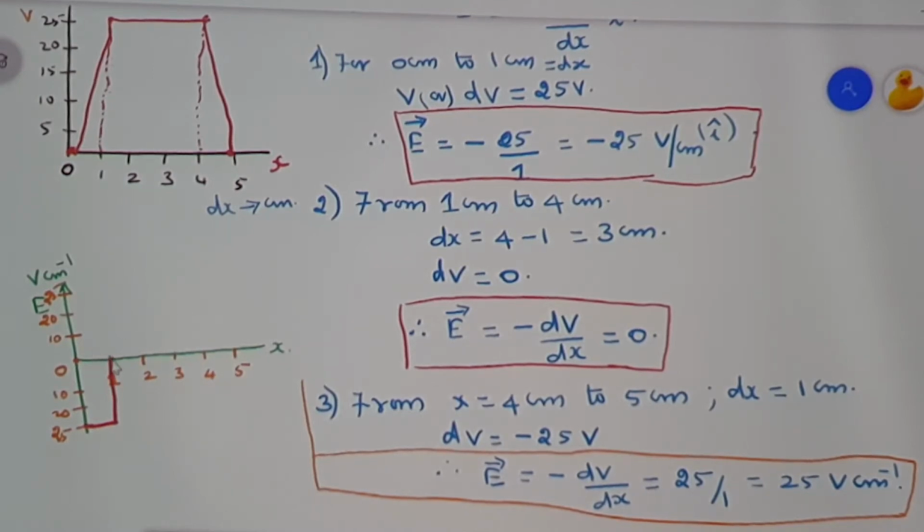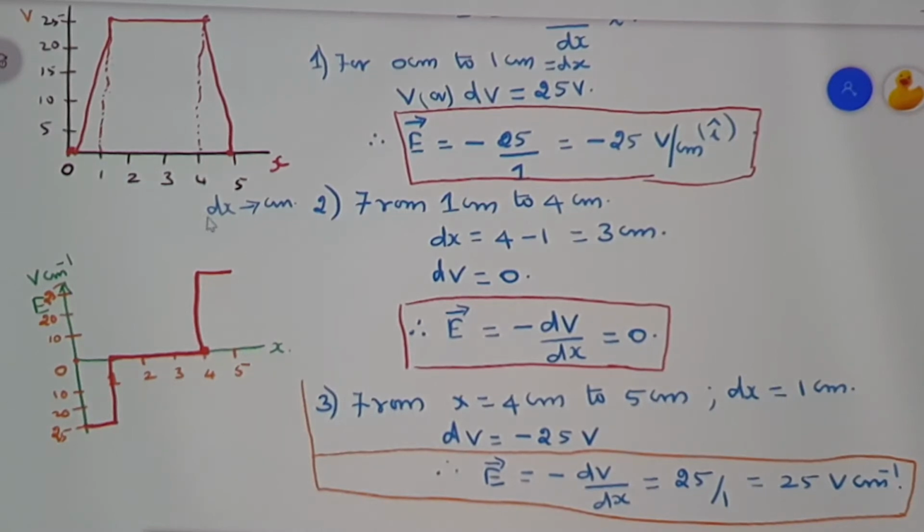When the variation is from 1 centimeter to 4 centimeter, the electrical field is 0, so I can draw the graph along the x-axis. Then, when there is a variation from 4 centimeter to 5 centimeter, the electrical field is 25 volt per centimeter. So it increases from 0 to 25 volt per centimeter, and then it is considered to be kept constant.